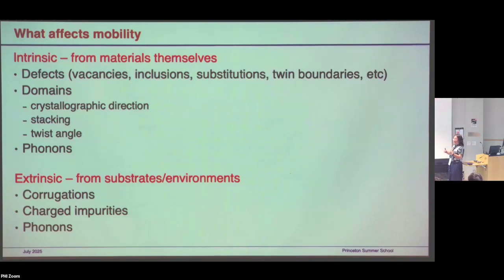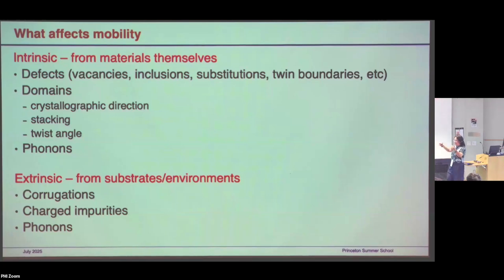And then in materials, you also have so-called ZA phonons, which is the out-of-plane vibration in 2D materials, which actually turns out also is important. So for extrinsic effects from the substrate or the environment, again, you have corrugations. For example, if the substrate is not completely flat, then you have corrugations.